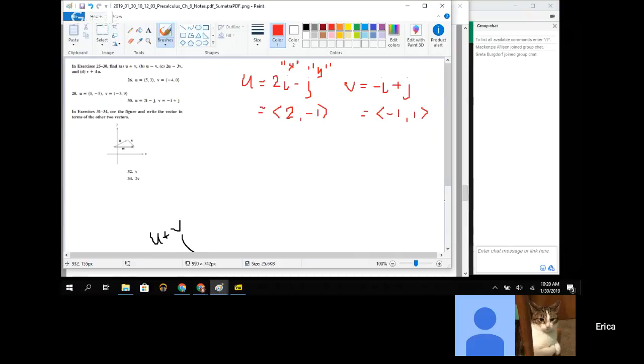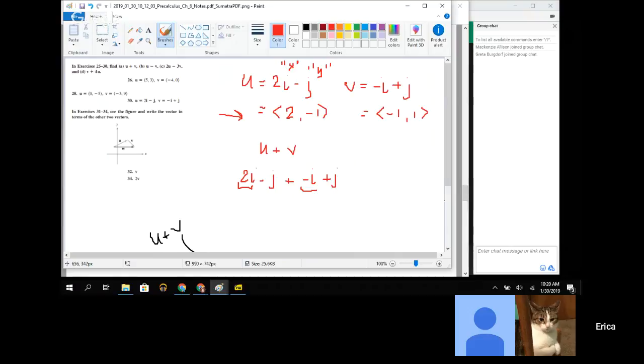The thing with this is that this is one format for how you can write your vectors, and this is another format. It kind of simplifies it for you, because if you do u plus v, you could just say that it's 2i minus j plus -i plus j, and then you add your variables together.